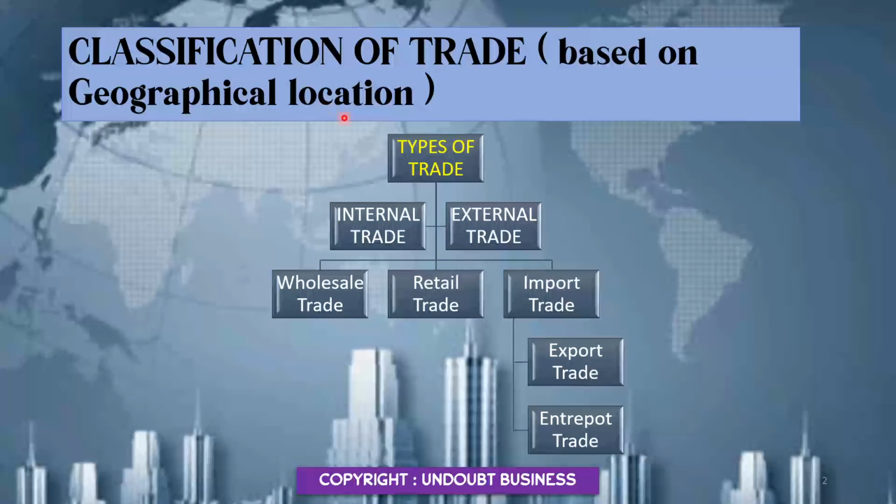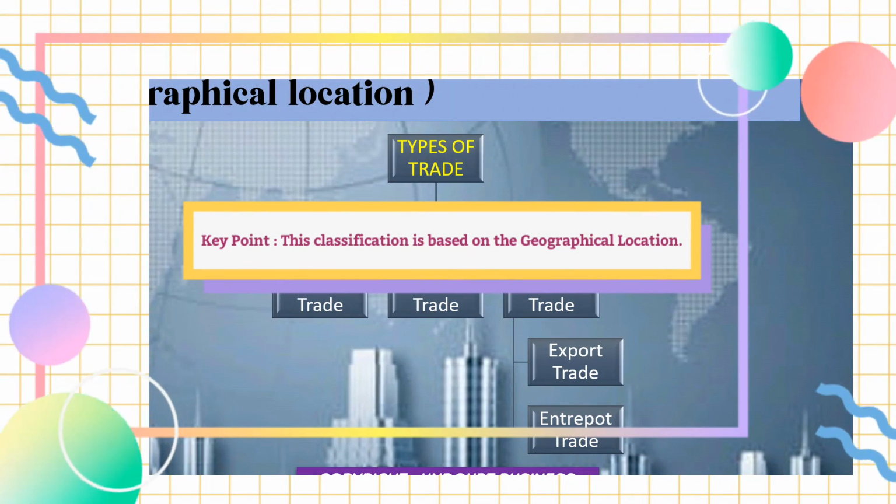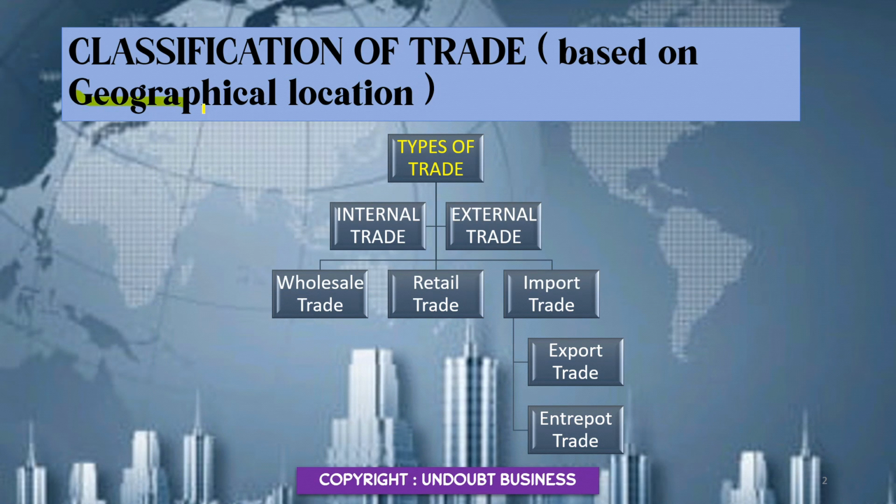Now here is a simple chart which will show you the classification of trade, and the key point to remember here is that this classification is based on geographical location, whether it is within the boundaries of a country or whether it is outside the boundaries of a country.